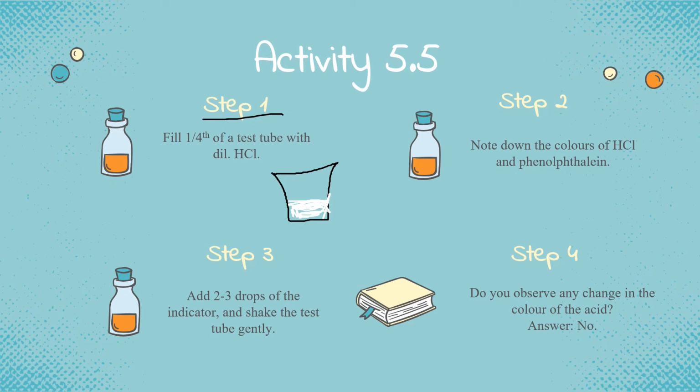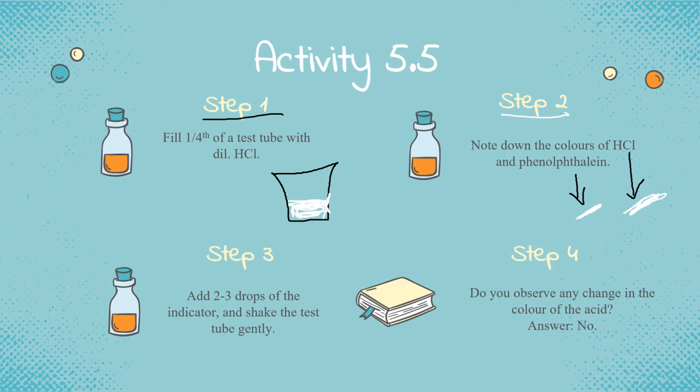Then step 2, note down the colors of hydrochloric acid and phenolphthalein. Now guys, a unique thing here is both HCl and phenolphthalein are actually colorless, so we'll use white to denote both of them.